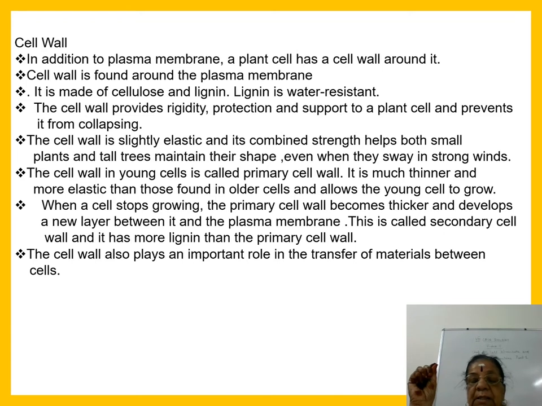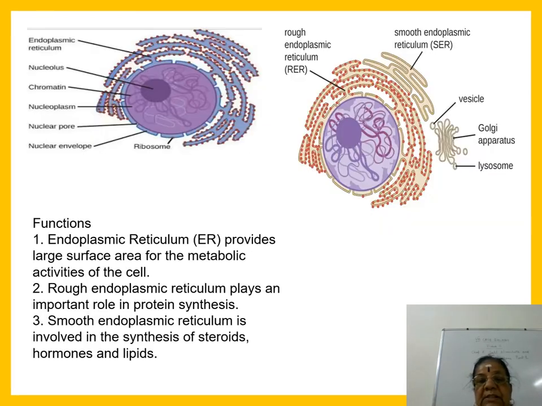Normally in the plant cell wall, especially shrubs and trees, the outer layer is the primary cell wall, the inner is the secondary cell wall, and the middle layer is called the middle lamella. I repeat: primary cell wall, secondary cell wall and middle lamella. The cell wall also plays an important role in the transfer of material between the cells. I hope you understand.